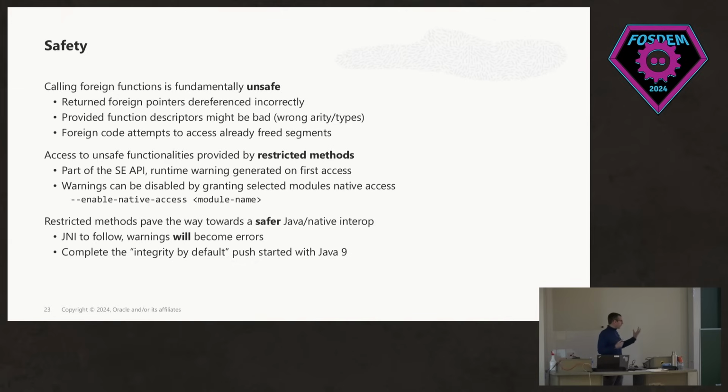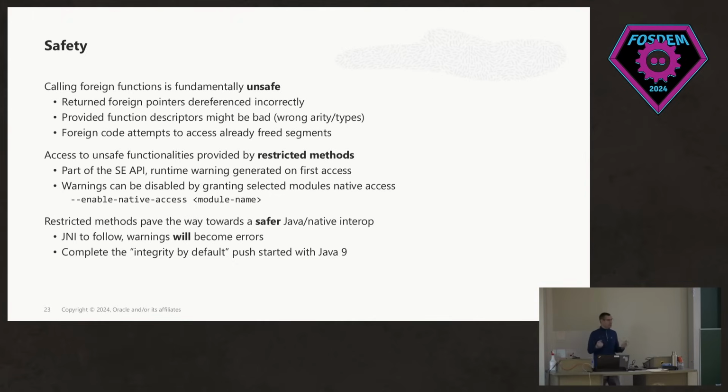So in the FFM API, there is a concept that is called restricted methods. There are some methods in the FFM API that are not directly available all the time. They are part of the Java API, so if you go in the Javadoc, you can see them. But they are restricted, and you need to use an extra command line flag if you want to use them without warnings.